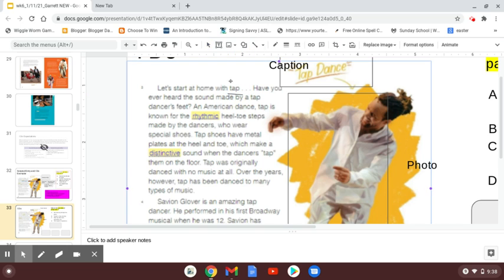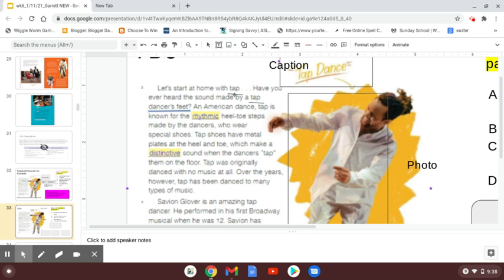It says, have you ever heard the sound made by a tap dancer's feet? Okay, so now they're asking me about a tap dancer's feet. So I'm going to underline that information. Apparently, so far, tap is made by a sound with your feet. In American dance, tap is known for the rhythmic heel-toe steps made by the dancers who wear special shoes.